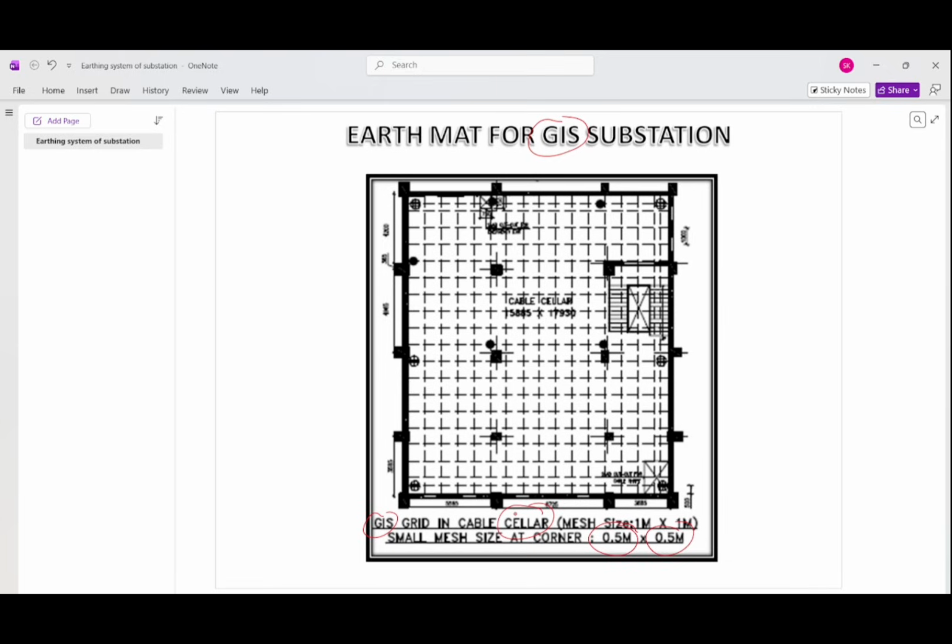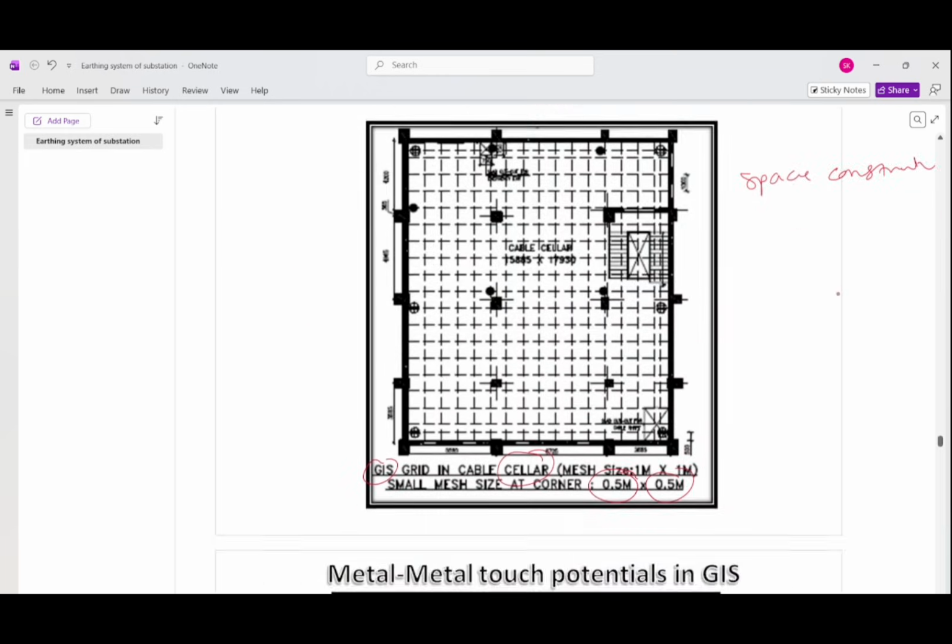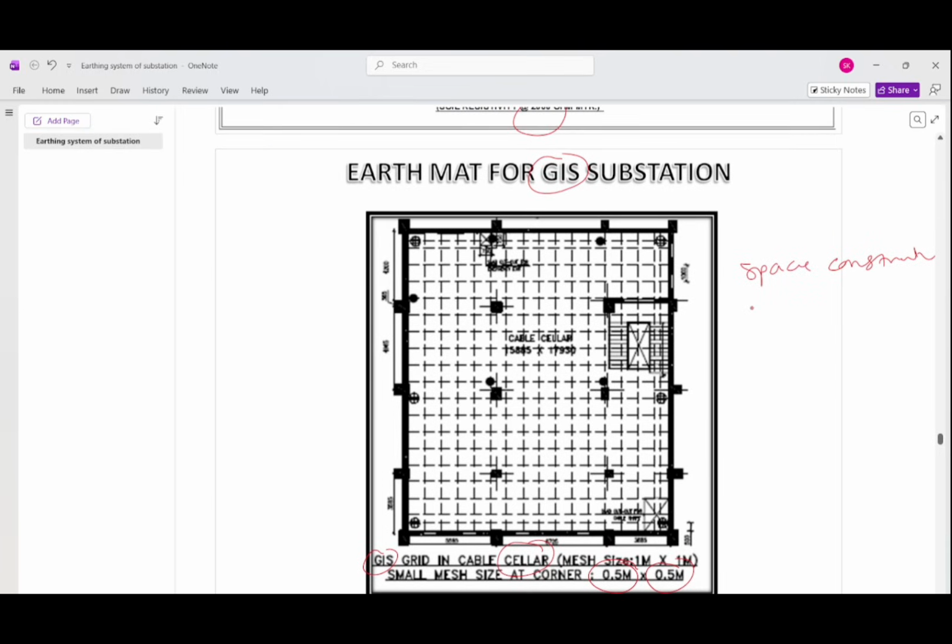So in the GIS substation, there is a space constraint, and so the earth mat or grid is provided at the cable cellar.